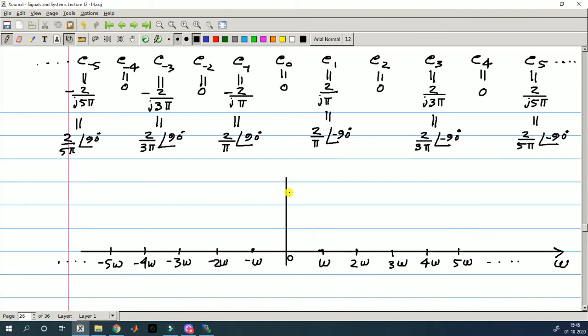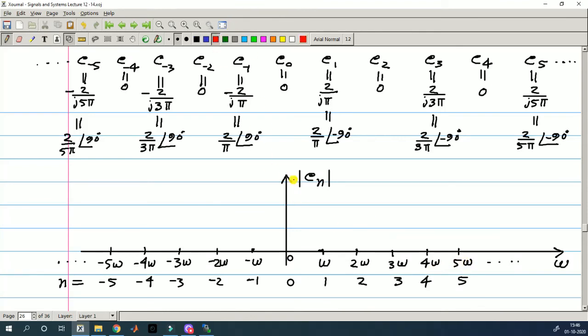And along the vertical axis, we will plot the magnitude of Cn for different n values. So here n is equal to 0, 1, 2, 3, 4, 5, minus 1, 2, 3, 4, and minus 5. These are different n values, and these are corresponding omega values or frequencies.